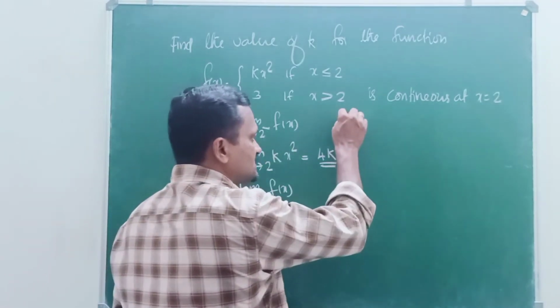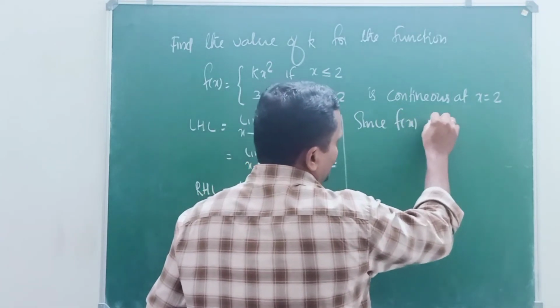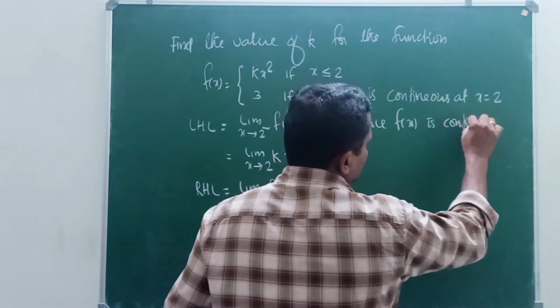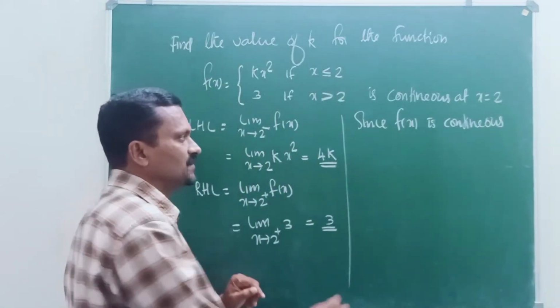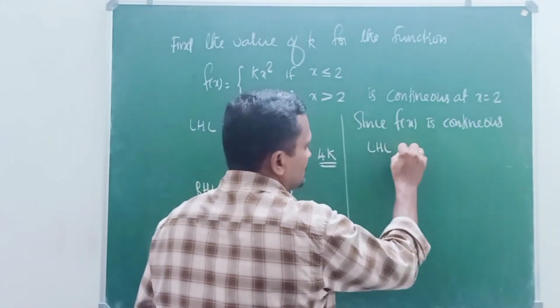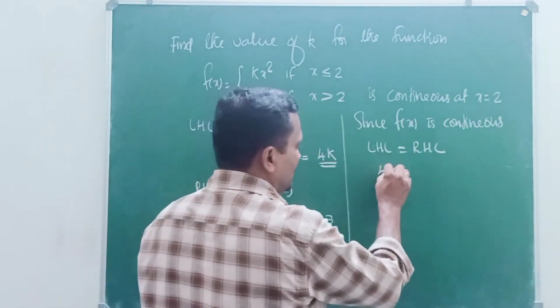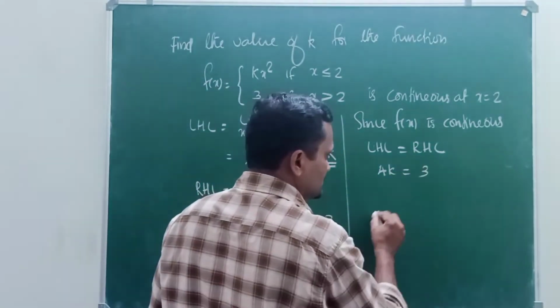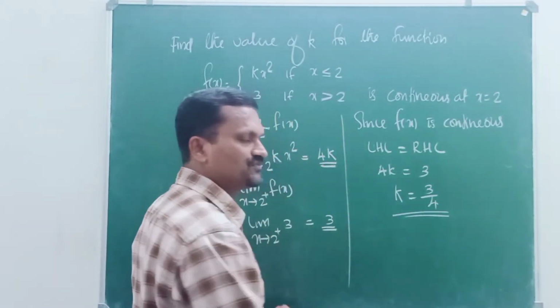Since f of x is continuous, LHL equal to RHL. Therefore, LHL is 4k and RHL is 3. Therefore, k equal to 3 by 4.